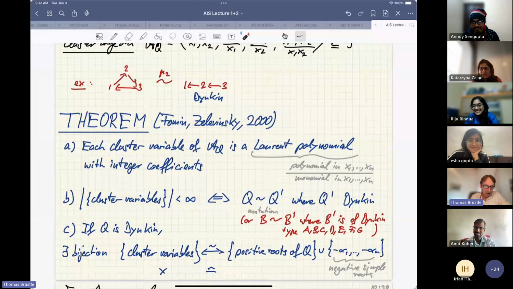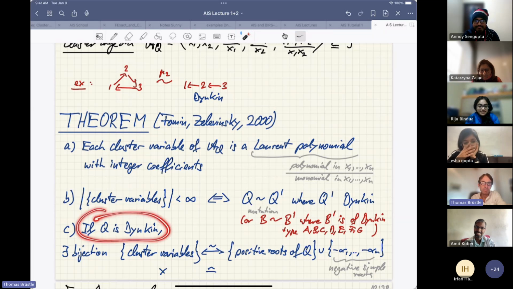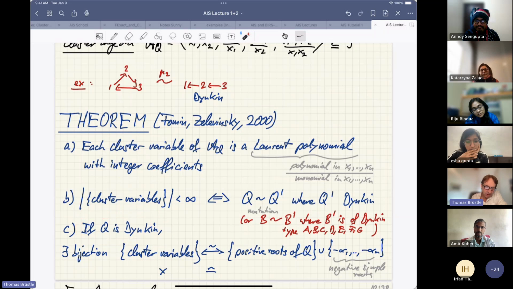Thank you very much. So let's come back to the cluster situation. If we are in the Dynkin type, we want to see some connection between the cluster variables, which are finite. This is the gadget that we measure its finiteness. So this finiteness is related to which number on the Lie theoretic side.